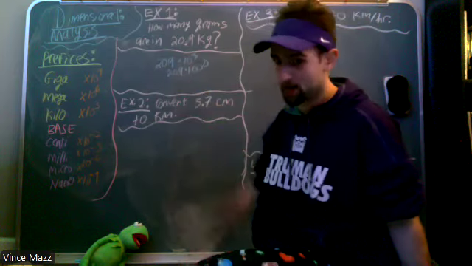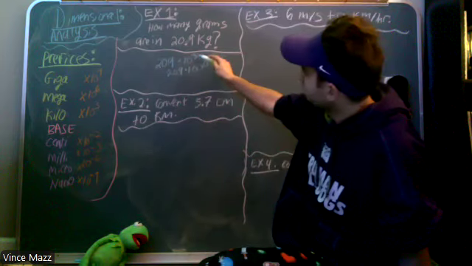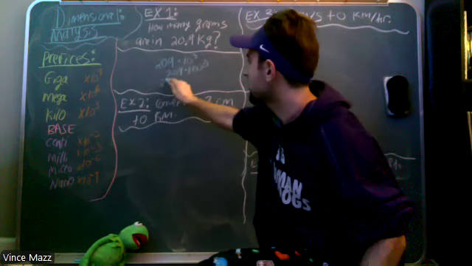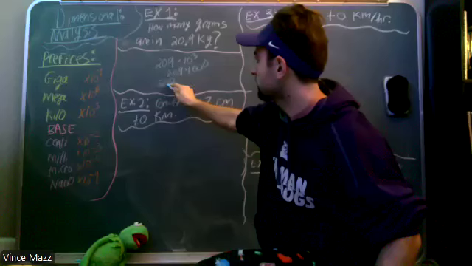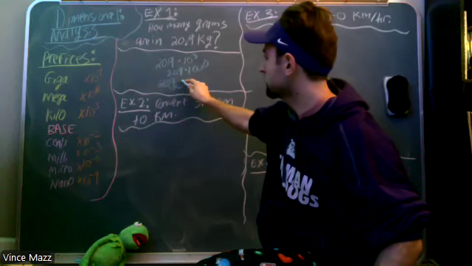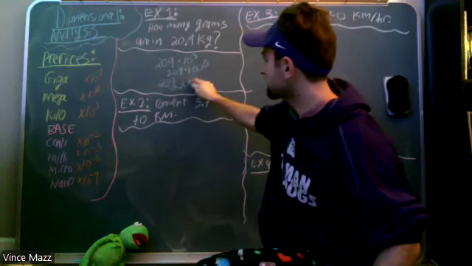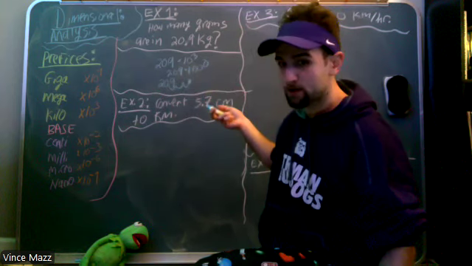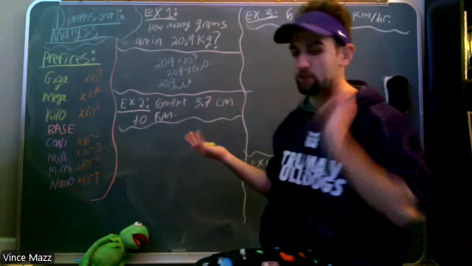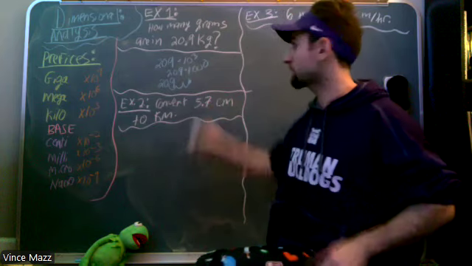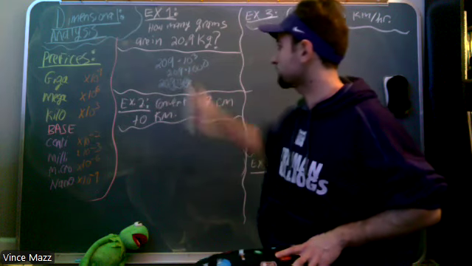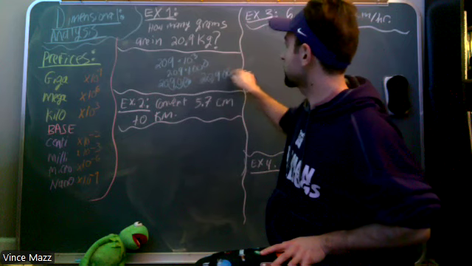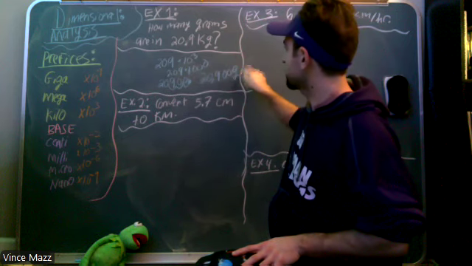So you move that 20.9 over 3 places: 1, 2, 3. Now the decimal point's right here. But you can't just have 209 and a space, can you? You've got to put zeros there. So you got 0, 0, then you got 20,900, and then g for grams, right?